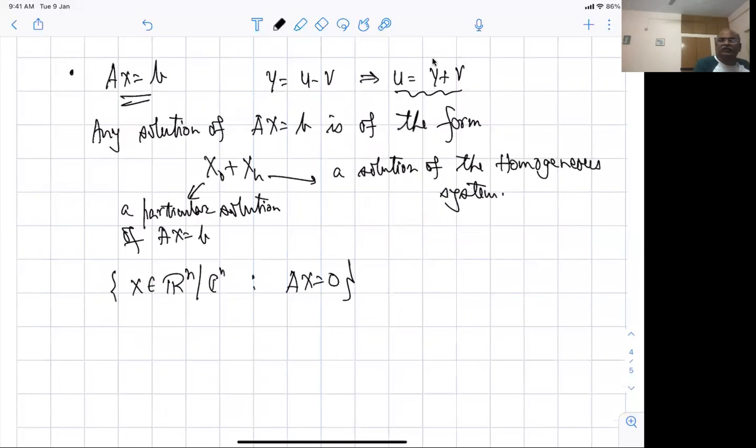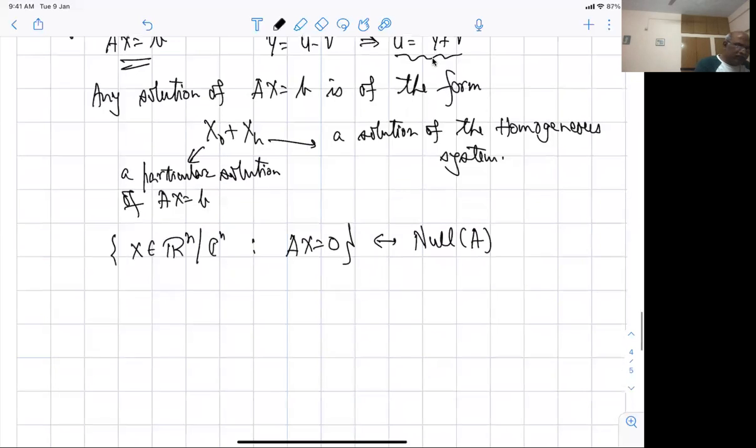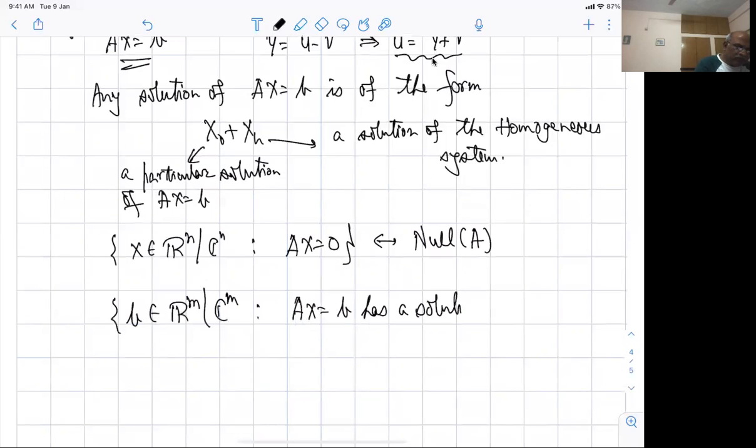This set is called the null space of A. And another set that we need to understand is all B belonging to Rm or Cm, wherever you want to look at, such that Ax is equal to B has a solution. All right.